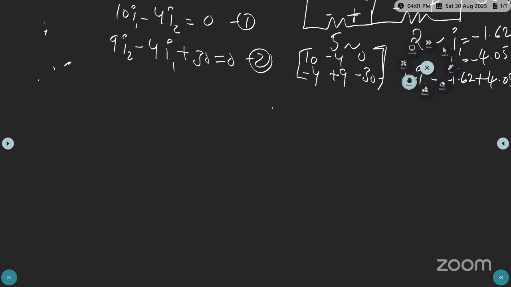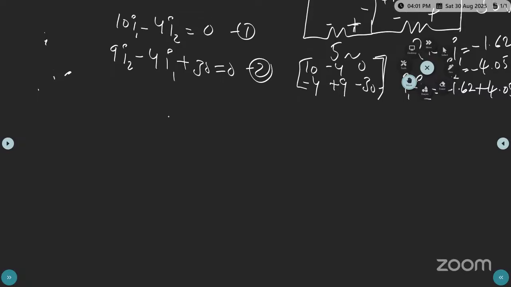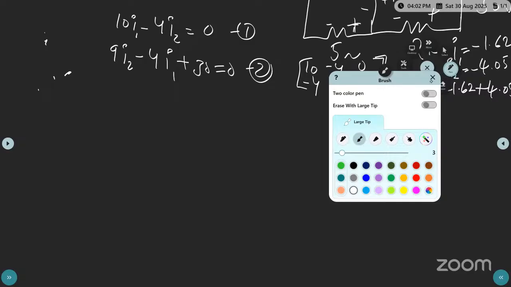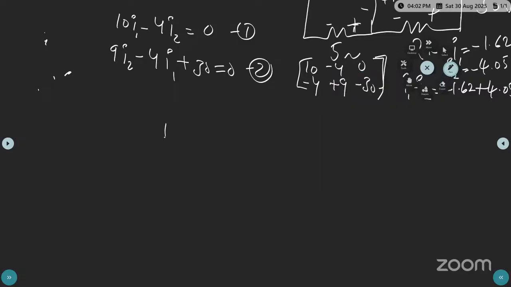In first step, wait a minute. In first step, what is the value? That is I2. In first step, I1 minus I2 is 1.35.